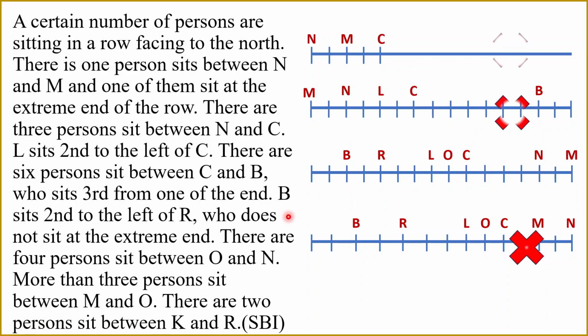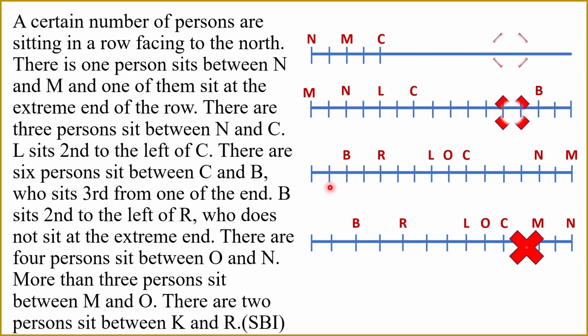The last statement is there are 2 persons sit between K and R. Okay, 2 people are there between K and R. See, in case number 3, to the right of R, between R and L, there are 2 people. So we cannot place K to the right of R. So we will place K to the left of R. So 1, 2.